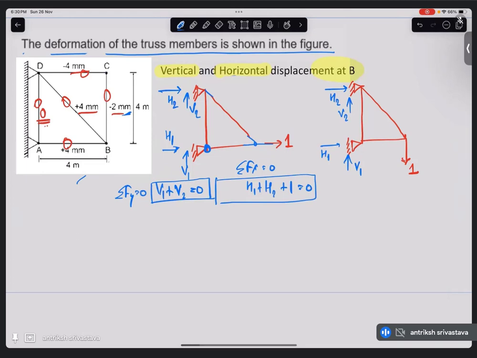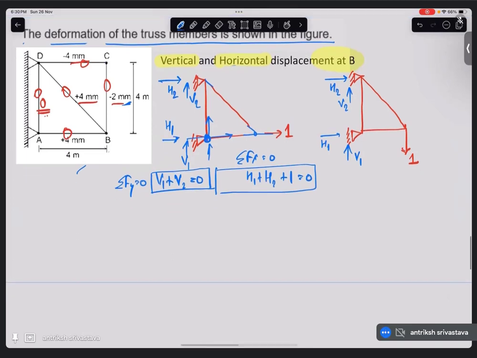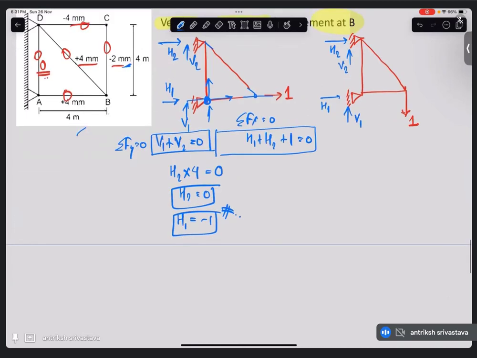V2 is going through this, V1 is going through this, H1 is going through this, and the one force that we applied also is going through. That means H2 into this 4 meters is equal to 0. So H2 is equal to 0, and that means H1 is equal to minus 1. So this H1 we have here as minus 1.